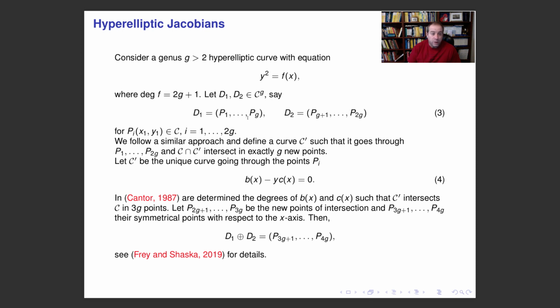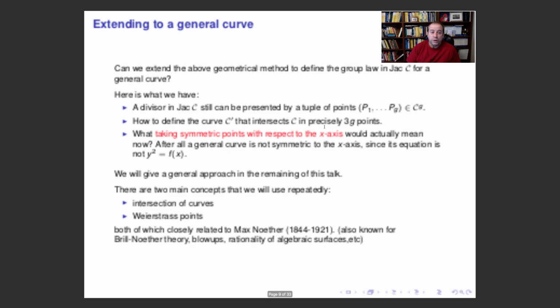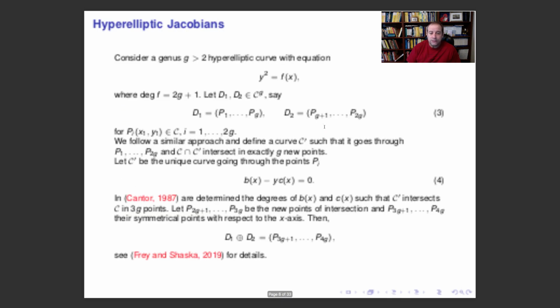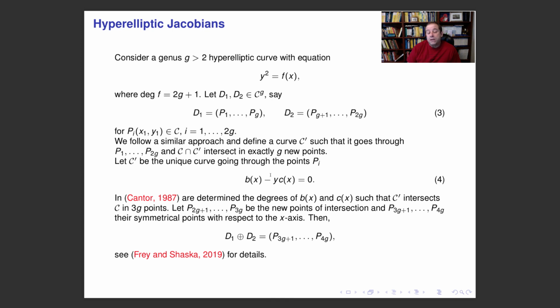If you have a genus g hyperelliptic curve, you have D1, a g-tuple of points, a divisor, and D2 another one. So you are given 2g points altogether. You interpolate these with a curve, and the curve you want to use is a rational function.